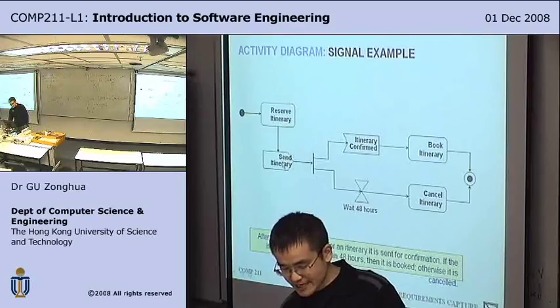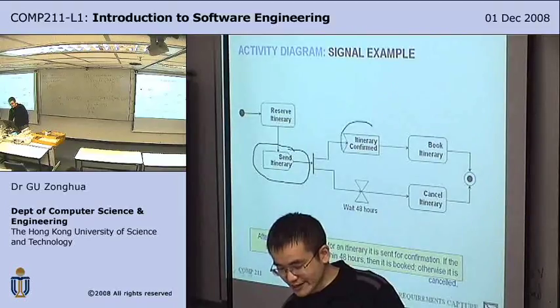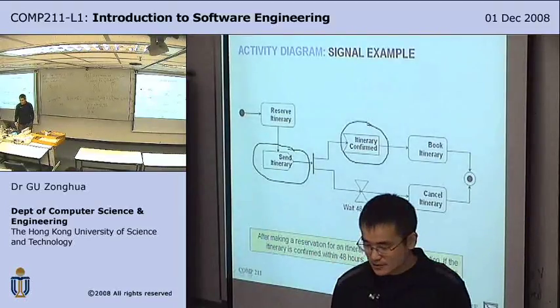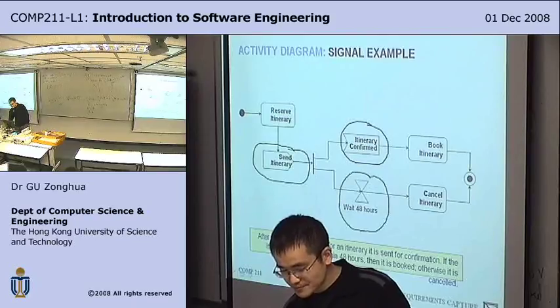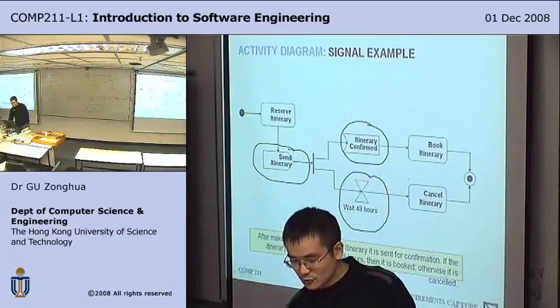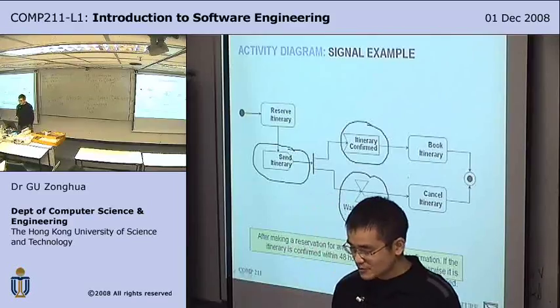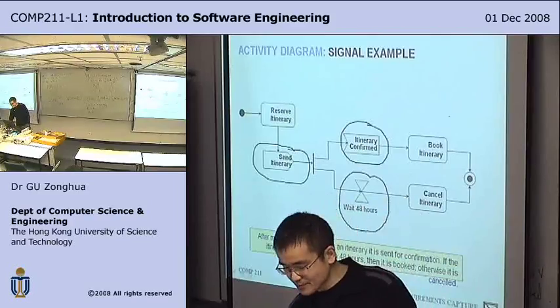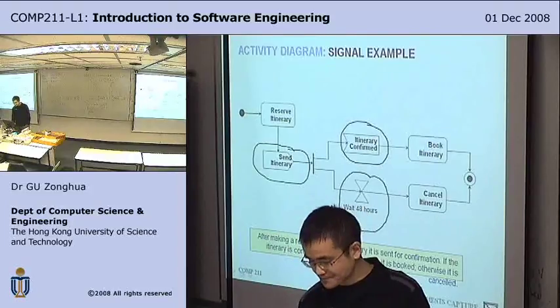You send itinerary and you wait for a reply, itinerary confirmed, or you wait for 48 hours. Whichever happens first, you go into the next stage, book itinerary or cancel itinerary, and then you go to finish.